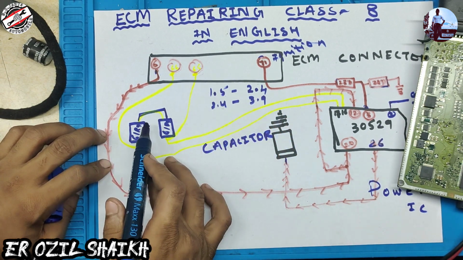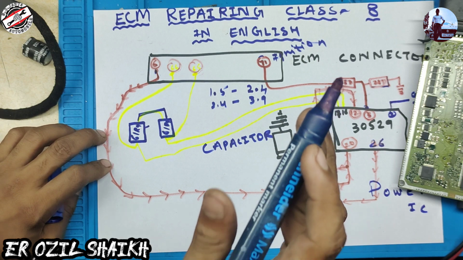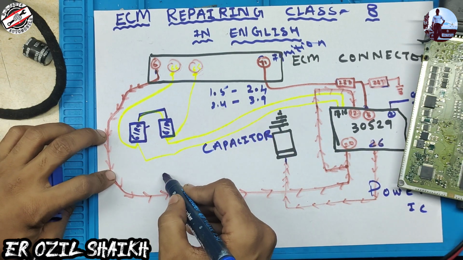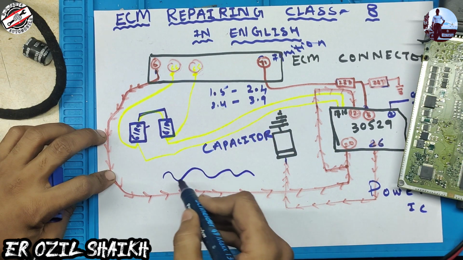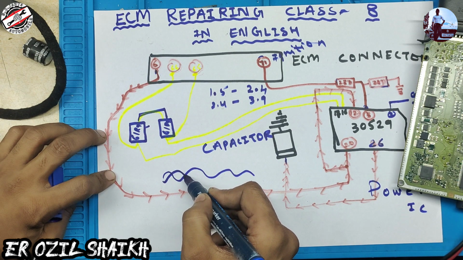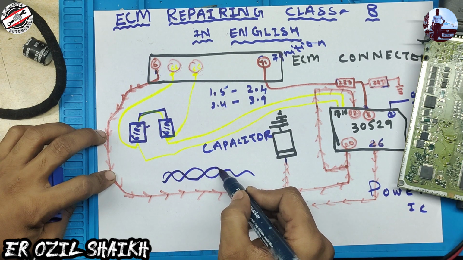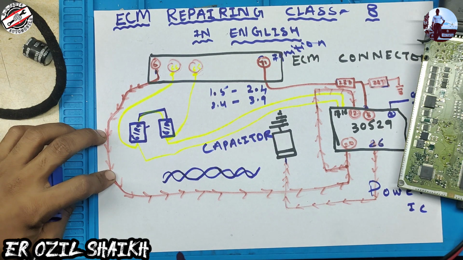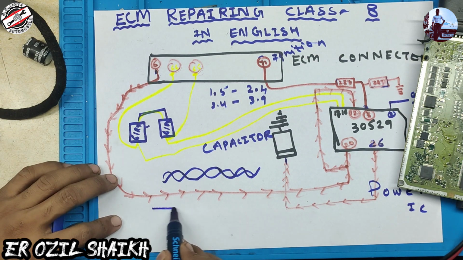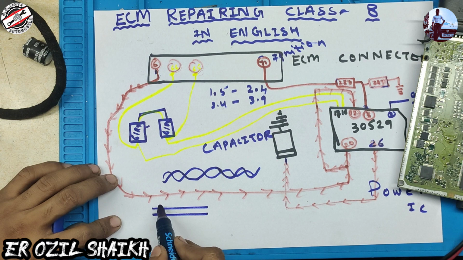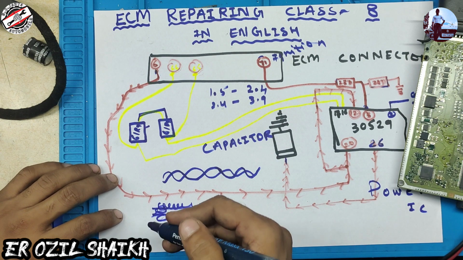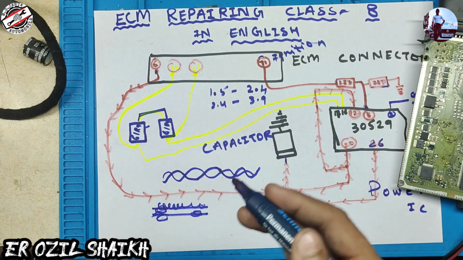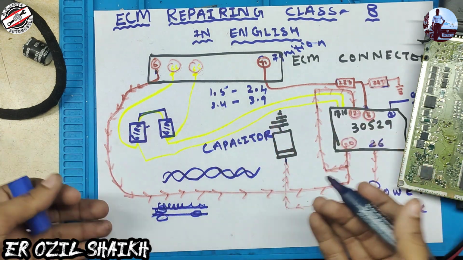If you remember, when you check the CAN wire in a car, the CAN wire is wrapped like this, because when voltage travels through the CAN line, a magnetic field is created, and it makes unwanted frequency and unwanted noise.